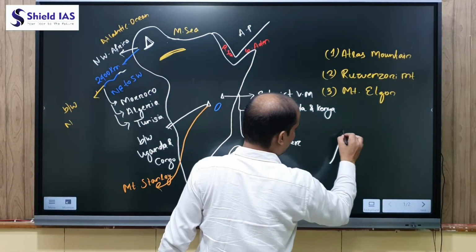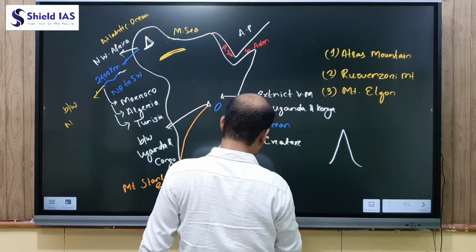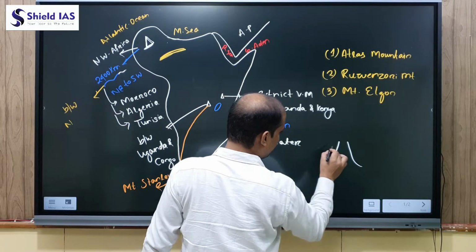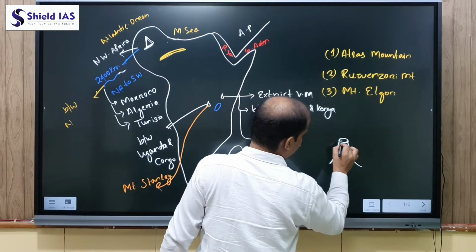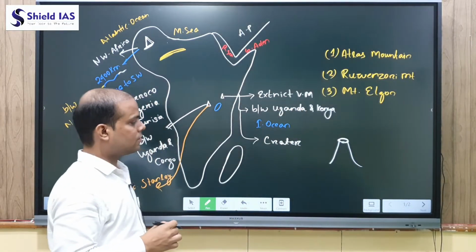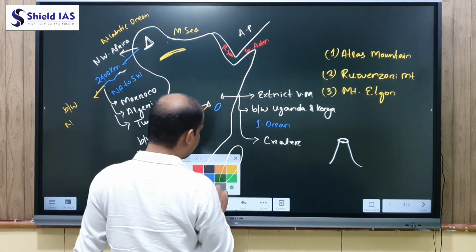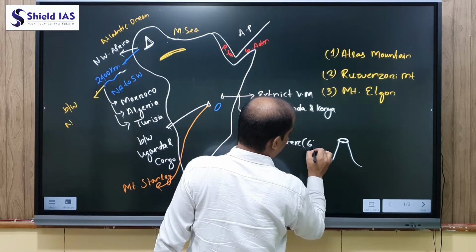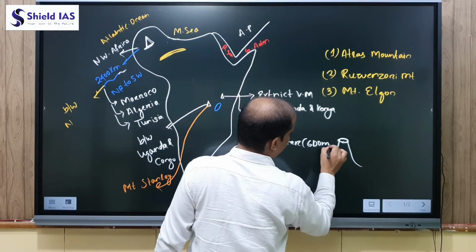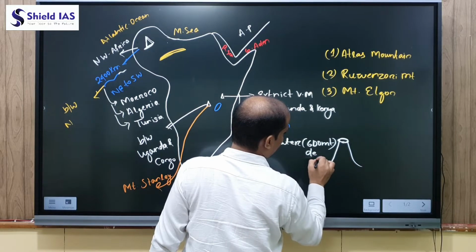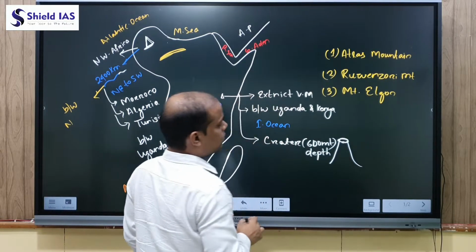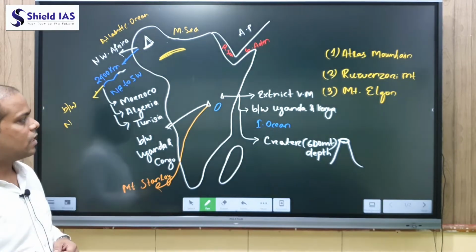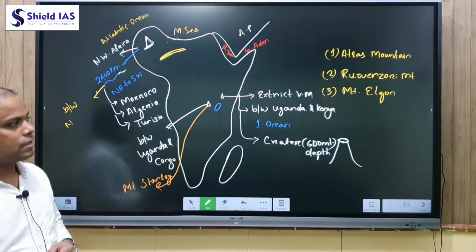See, for example, this is a mountain, and at the top of the mountain the shape is this type. This is the crater of the mountain. So it has a crater whose depth is almost 600 meters. So this is all the information about Mount Elgon.